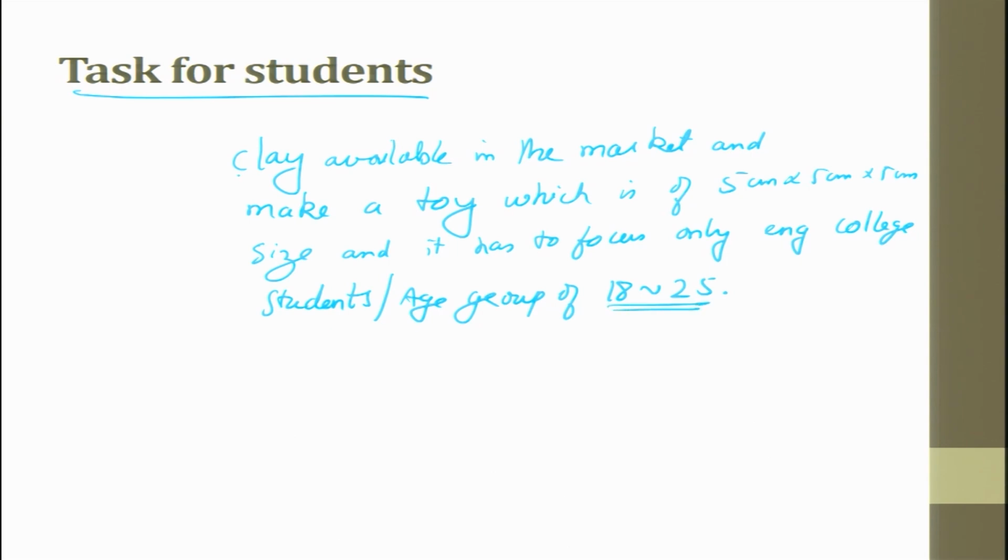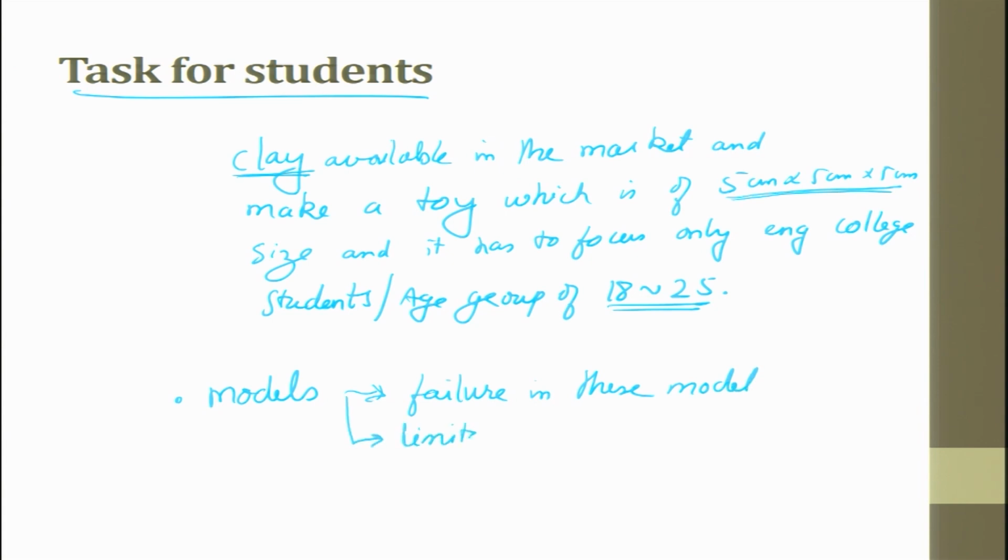You have to make a clay model whose dimensions should not cross 5 centimeter by 5 centimeter by 5 centimeter. Please do this exercise and try to see how we make models, and then you will see what failures can happen in these models, and then you will also see limitations of these models.